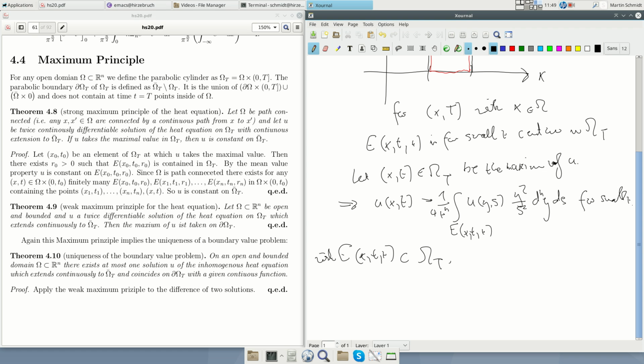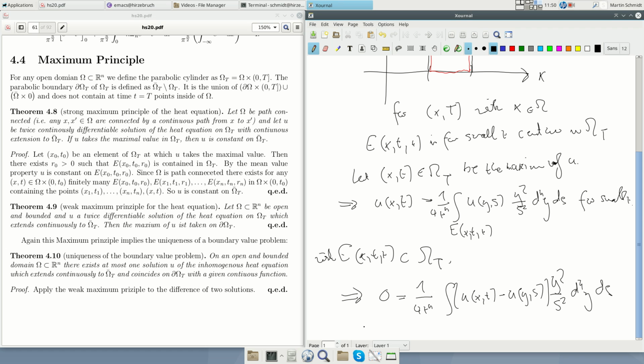Okay, so this means that, since the integral, if we insert u equals 1, is just 1, this implies 0 is 1 over 4 r^n times the integral of u of x, t minus u of y, s, y squared over s squared dy ds.